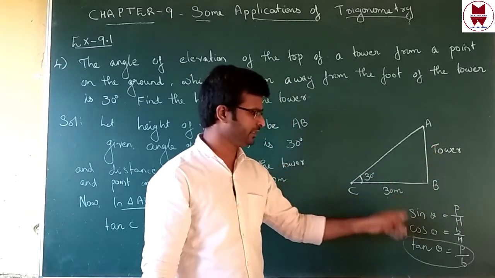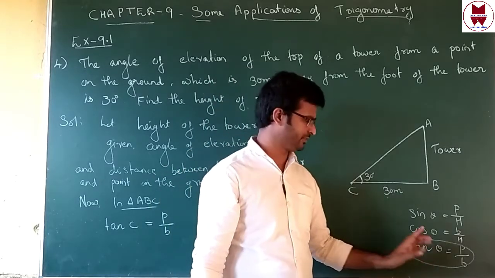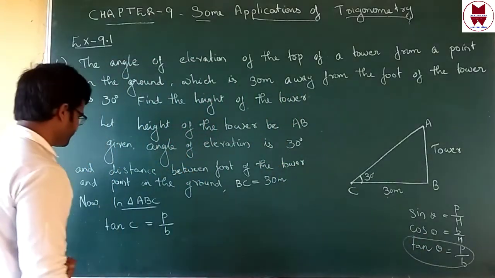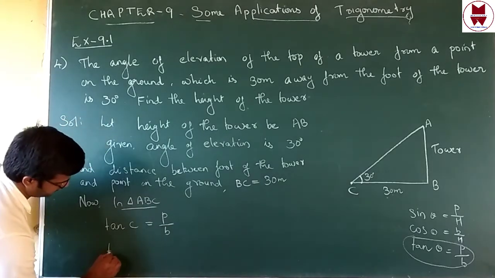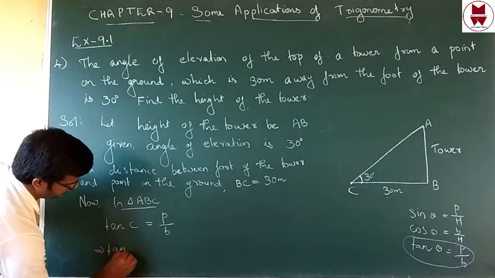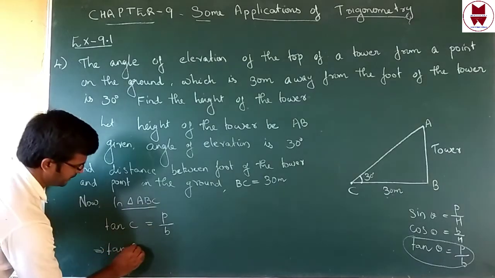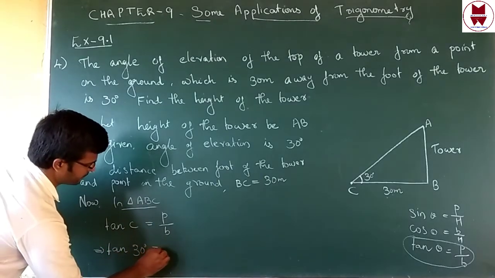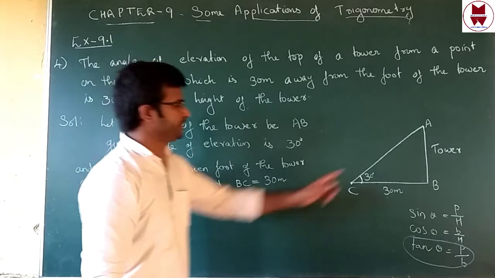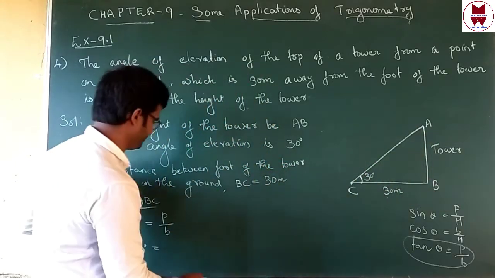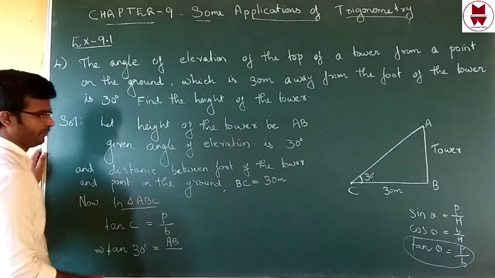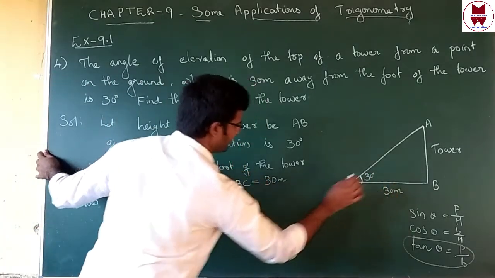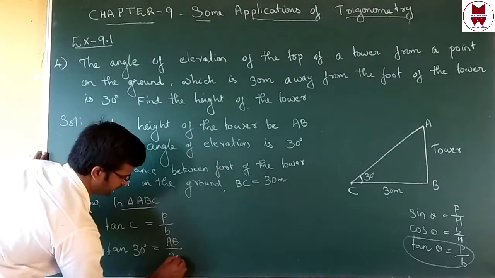Perpendicular and base ratio is tan C, means tan 30 degree equal to perpendicular, in here perpendicular is AB, divided by base. Base in here is BC, that is 30 meter. We can write 30.